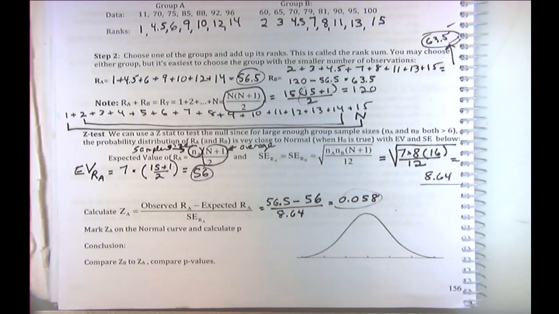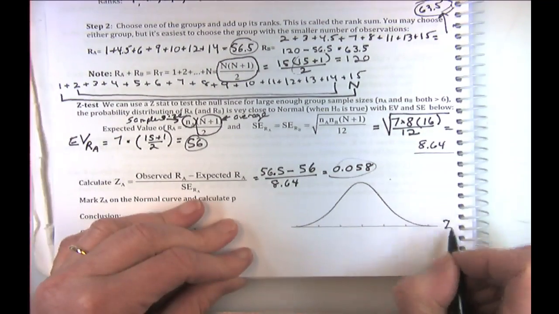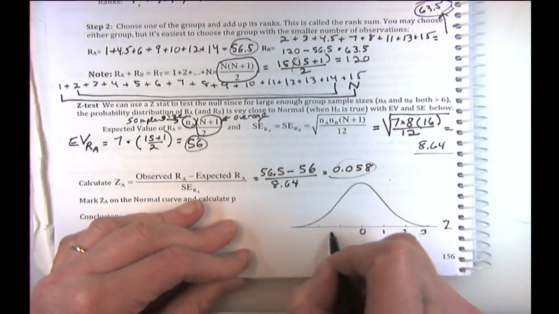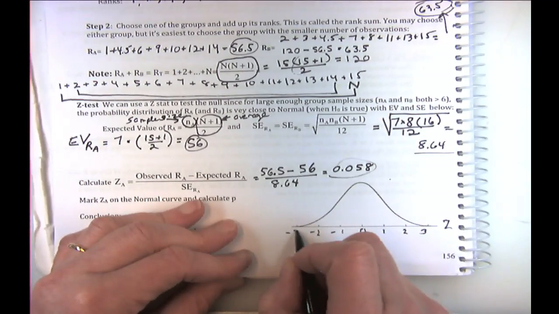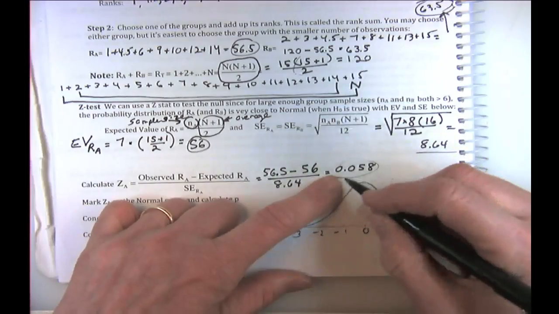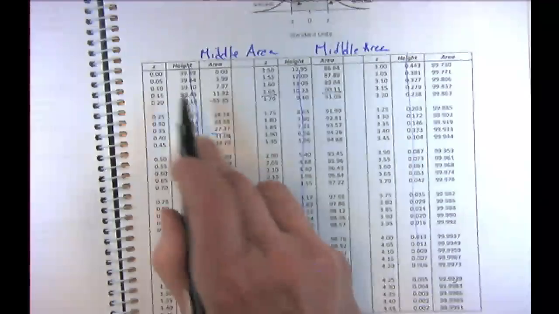But to get the exact p-value, we have the z-score, and the normal curve with 0, 1, 2, 3, -1, -2, and -3. And we have this 0.06 or 0.058. It's very close. Let's say we're at the exam and we're just going to go to the nearest line on the table.